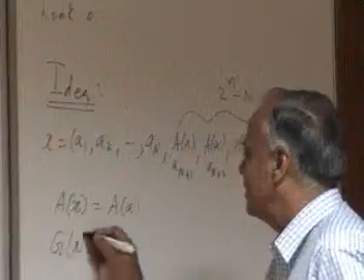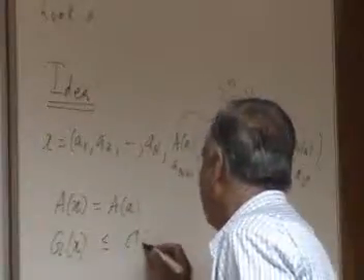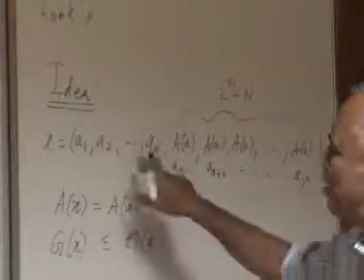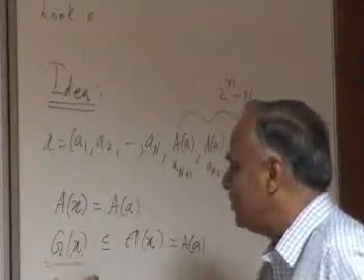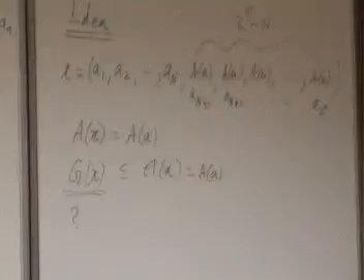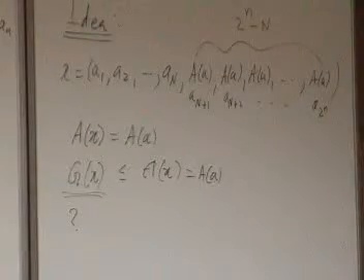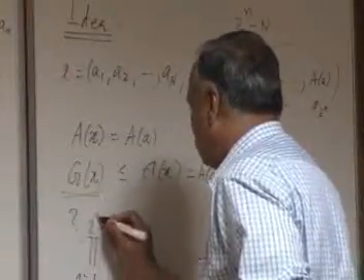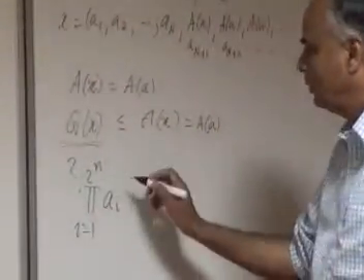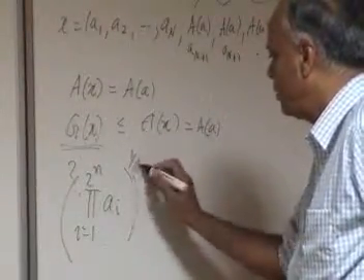Now we know that Gx is less than or equal to Ax, and we want to prove that Ga is less than or equal to Aa. Now, because we are at the 2 to the power of n, this is equal to Aa. Now play with this and see what this is. Adjust terms on both sides, cancel some things and add some things, then you will get that Ga is less than or equal to A. This is the product from i equal to 1 to 2 to the n of Ai to the power of 1 over 2 to the n.